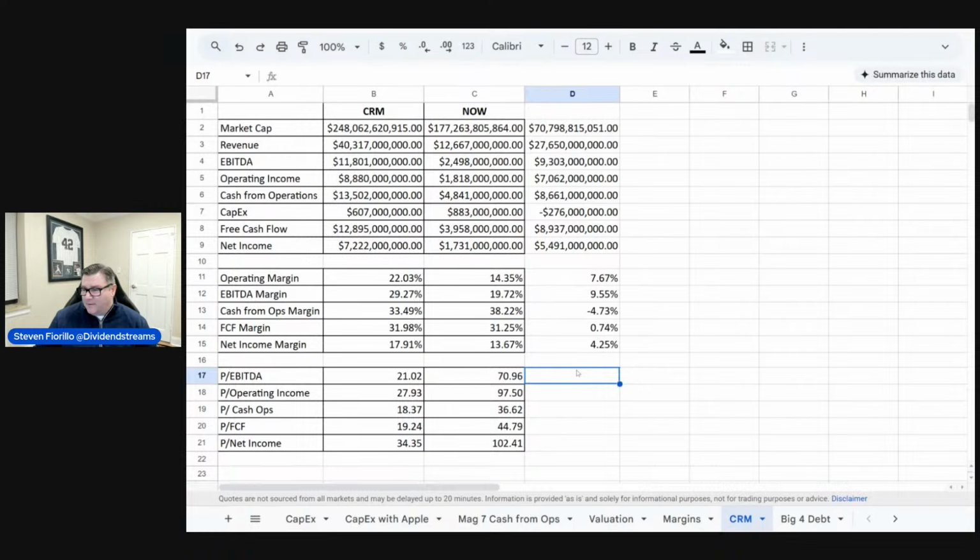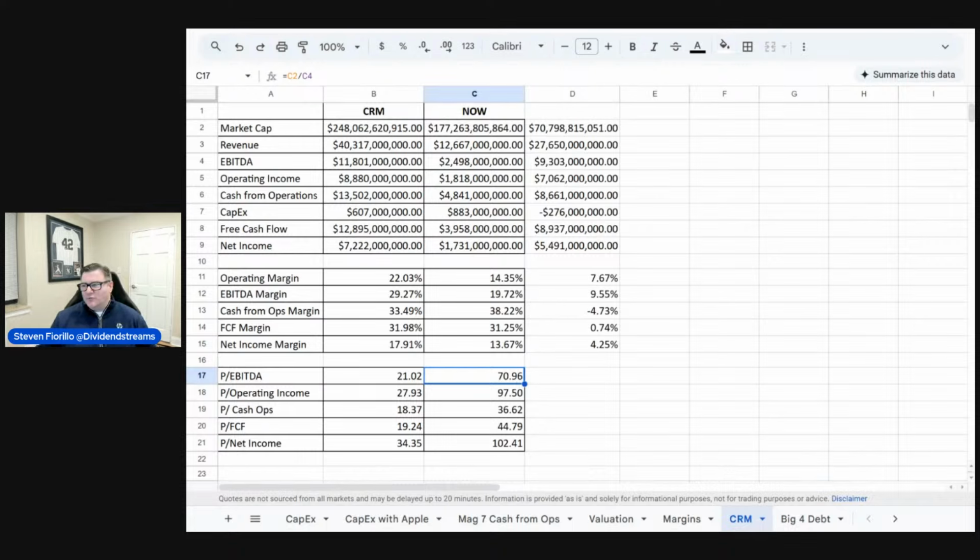And then, I mean, this isn't even close. You're paying 21 times for Salesforce's EBITDA versus ServiceNow's 71 times. Not even close. From a value standpoint, there's a lot more value to be unlocked with Salesforce than ServiceNow.